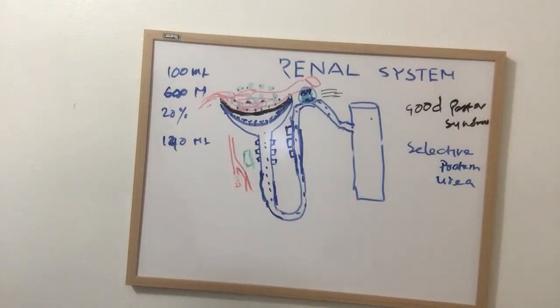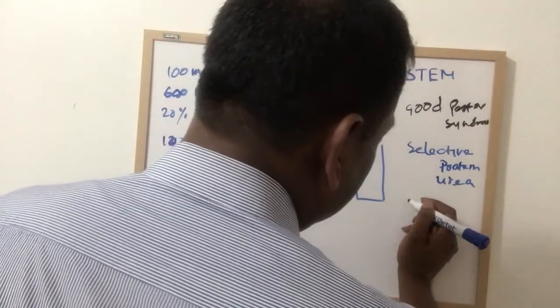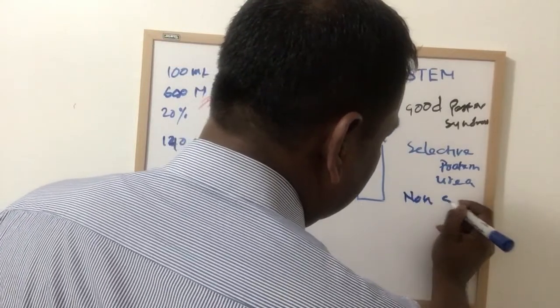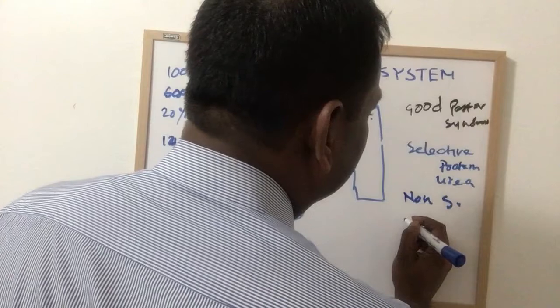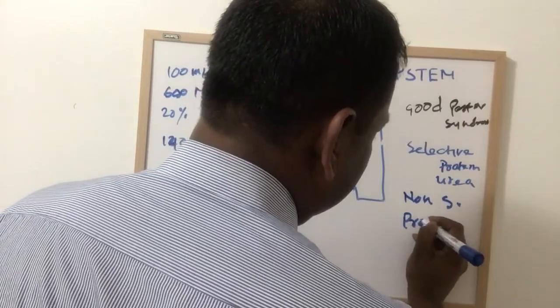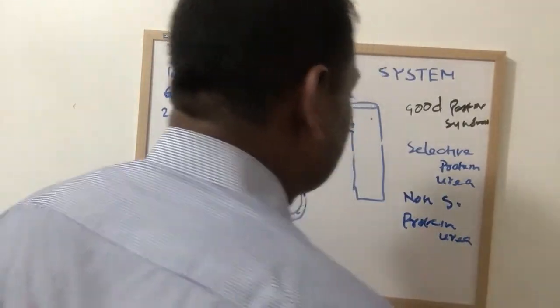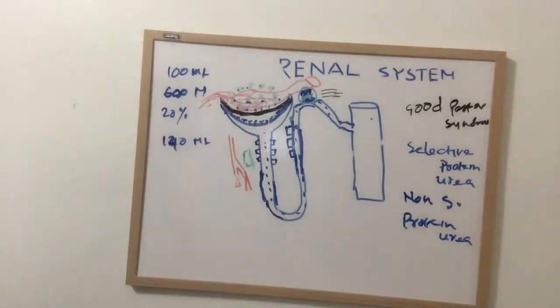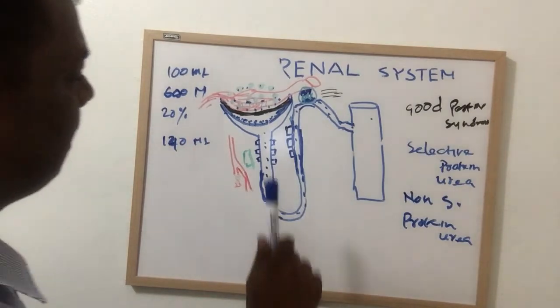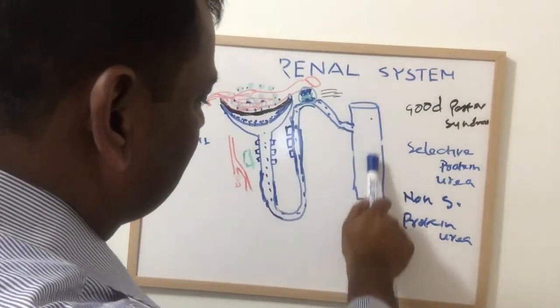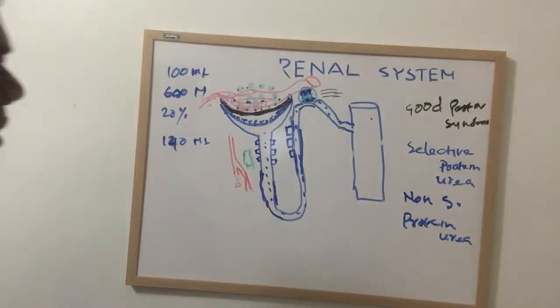That is called non-selective proteinuria. You see, now protein is leaking into the urine and being excreted, so we call it proteinuria.